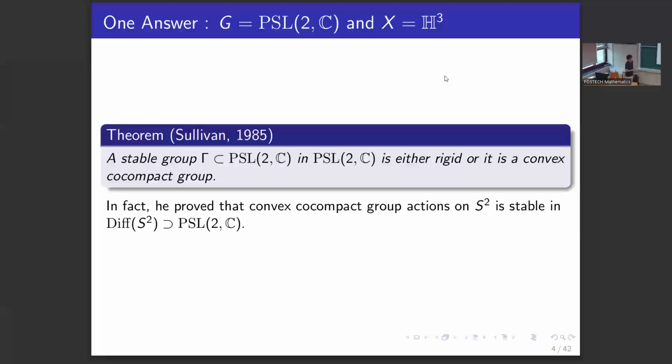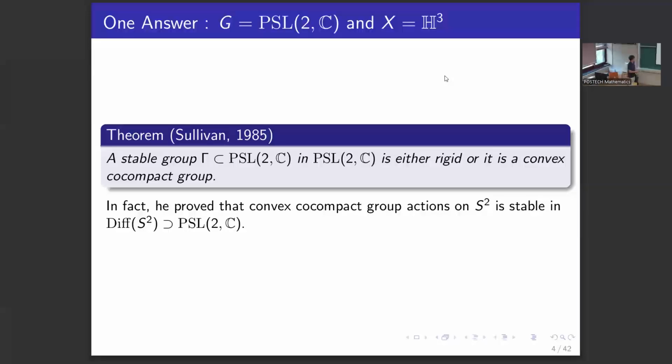I will give you the definition of convex co-compact groups, but as you see from the name, it is a geometric notion. Stability is defined by injectiveness of the representation, that is, of the homomorphism. So an algebraic property corresponds to a geometric property.